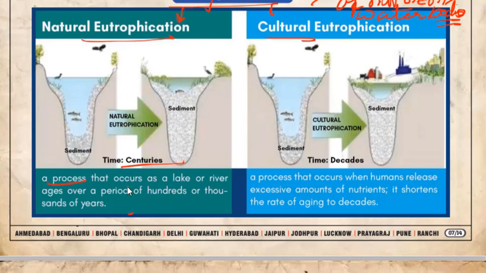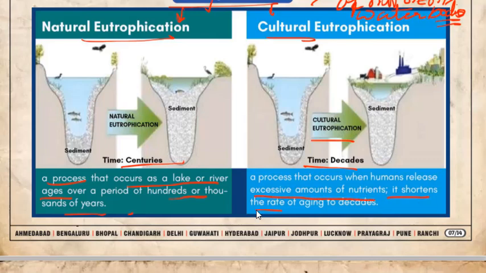This is a process that occurs as a lake or river ages over a period of hundreds or thousands of years. But cultural eutrophication is the excess addition of nutrients in the water body. That reduces the time to decades, a process that occurs when humans release an excess amount of nutrients.